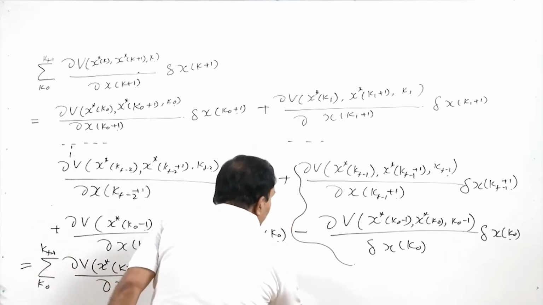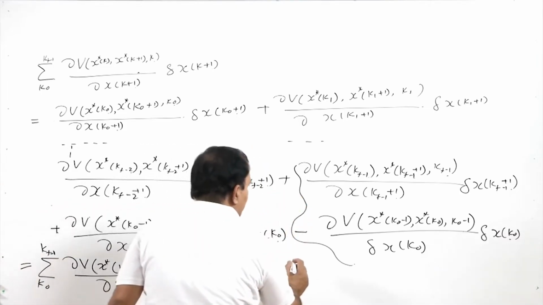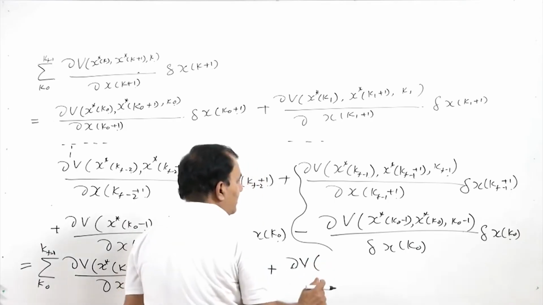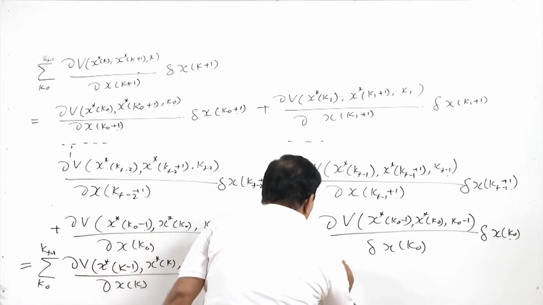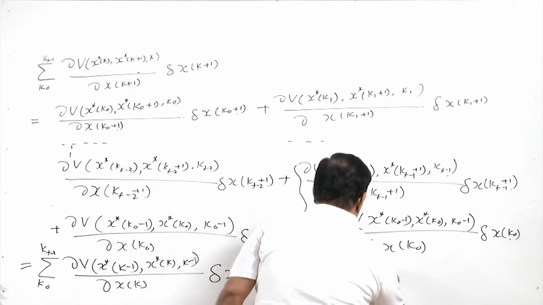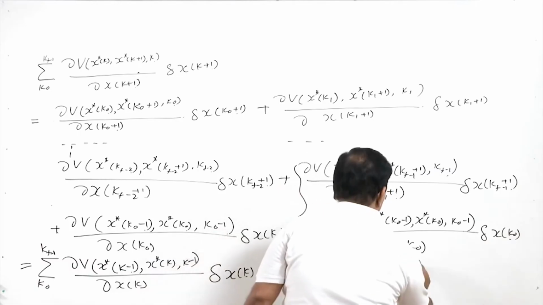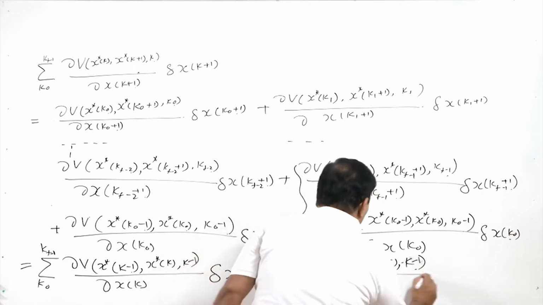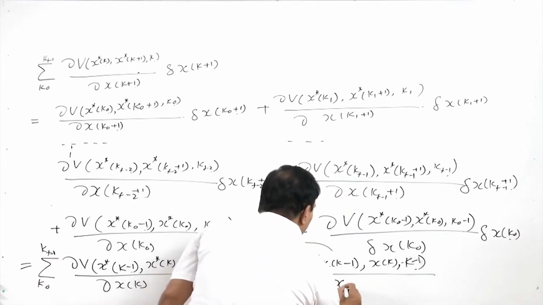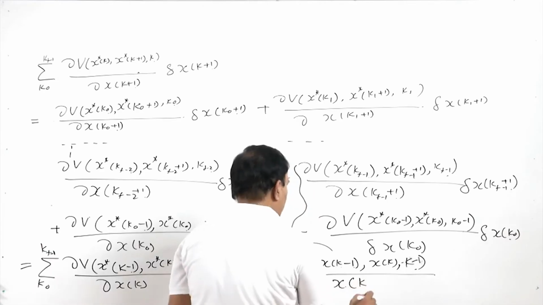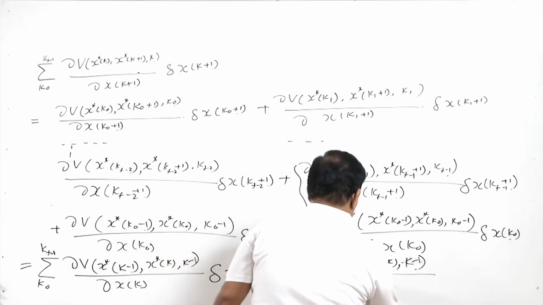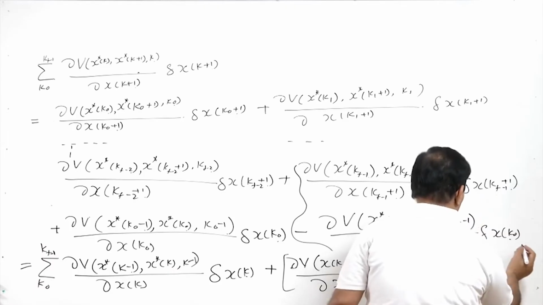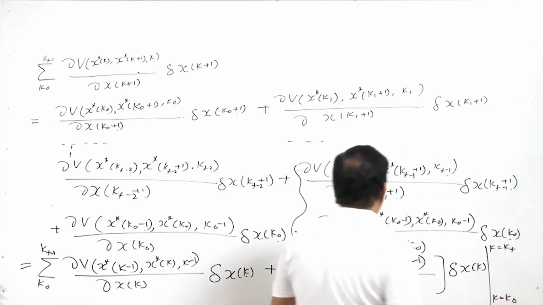And I am writing this last term as del v, x of k, and this is k equal to k0 and k equal to kf.